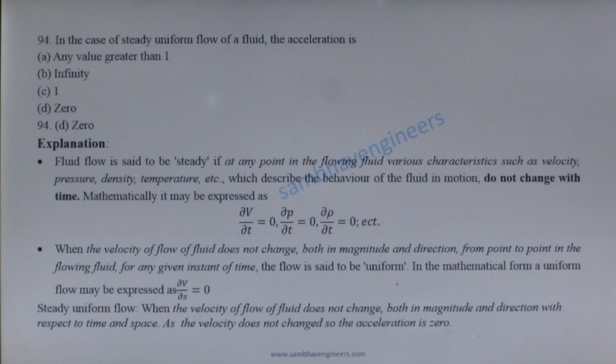Next question. In the case of a steady uniform flow of a fluid, the acceleration is: the correct answer is 0. In steady flow, the fluid properties like velocity, pressure and density do not change with respect to time, and in case of uniform flow, the fluid properties do not change in space.